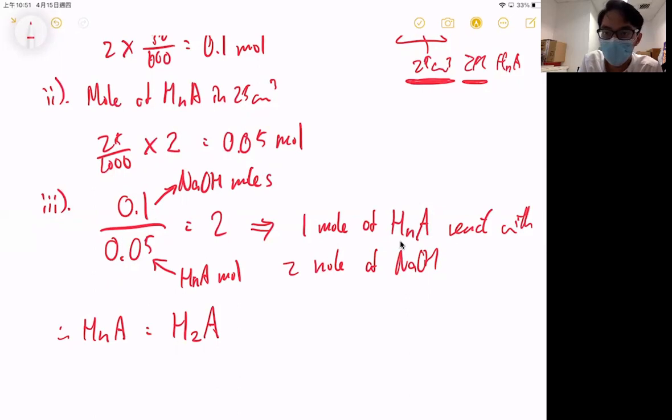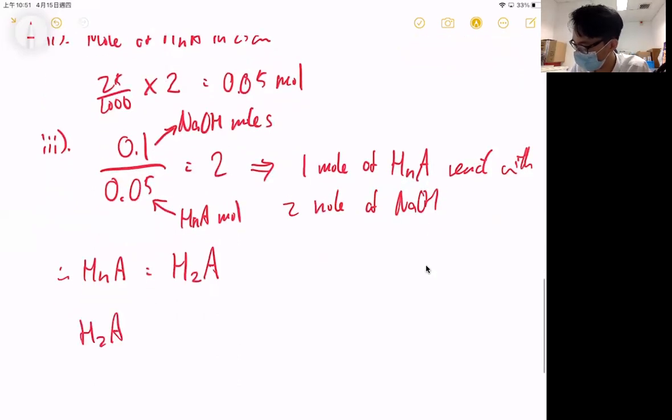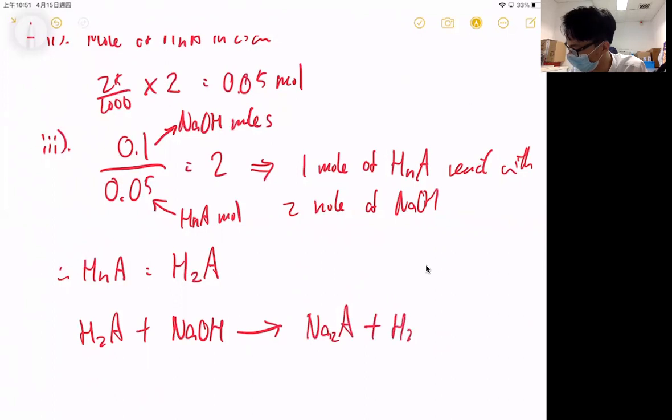So only when n equals 2 will it react with 2 moles of NaOH. So in the chemical formula, you will write something like this: you will form Na2A and H2O. In the balanced equation, you will see 1 to 2. So that is the basicity. It means that it is a dibasic acid. So that is how we can calculate the basicity based on titration.